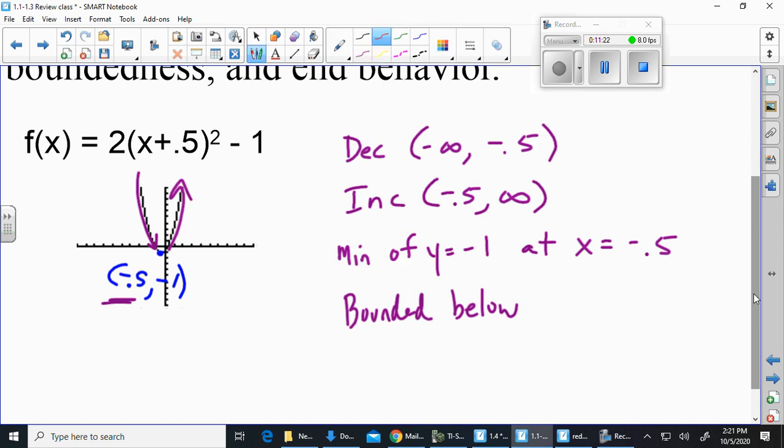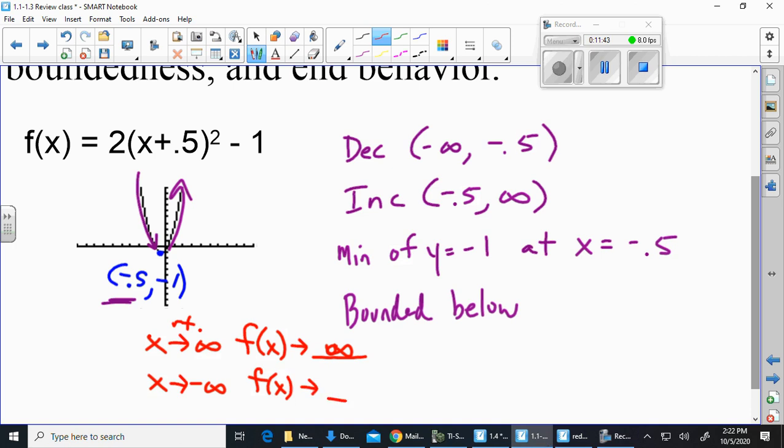End behavior, as always, x goes to infinity. Where's f of x going? This is to the right. Well, if I look to the right, my graph's going up, which is infinity. If I look to the left, my graph is also going up, which is infinity.